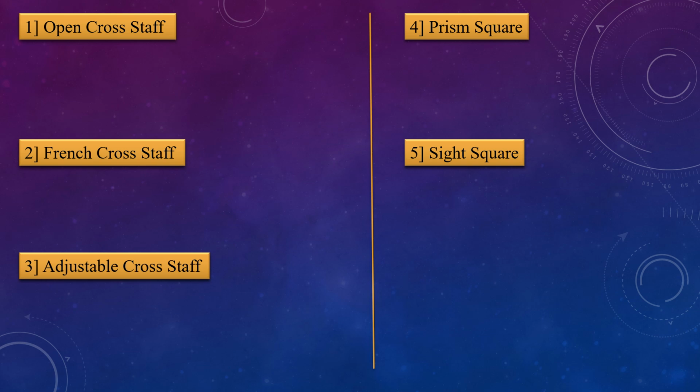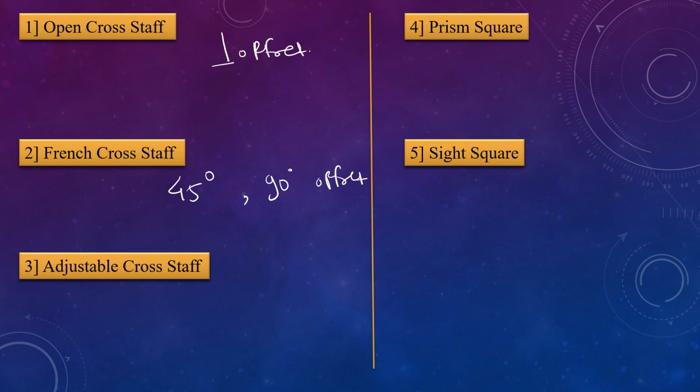Then these are some instruments to measure the offset. First is the open cross staff. Open cross staff is used to draw the perpendicular offset. Then the French cross staff is used to draw 45 degree and 90 degree offsets.